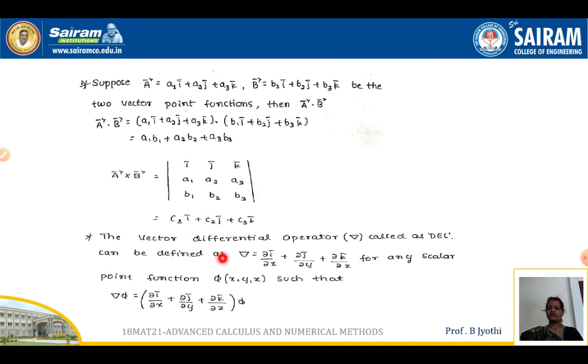The vector differential operator is called del, and can be defined as del is equal to dou by dou x of i plus dou by dou y of j plus dou by dou z of k. For any scalar point function phi of x, y, z, del phi is dou by dou x of i plus dou by dou y of j plus dou by dou z of k acting on phi.